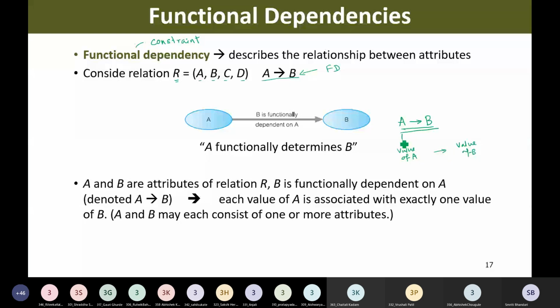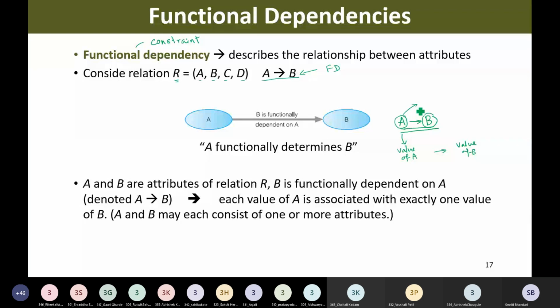This means that a value of A is associated with exactly one value of B. And here please note, right now in our example, this A is a single attribute and this B is a single attribute.